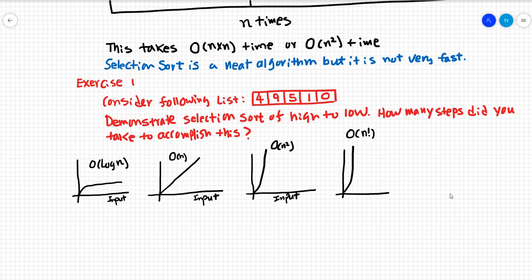So what we're saying here is that although the selection sort is a good, kind of neat algorithm, because there's no confusion here. You take whatever is the highest count and put it in the sorted list. Then go back and look at the remaining ones, take the highest one and put it into the sorted list again, and just keep doing this process.